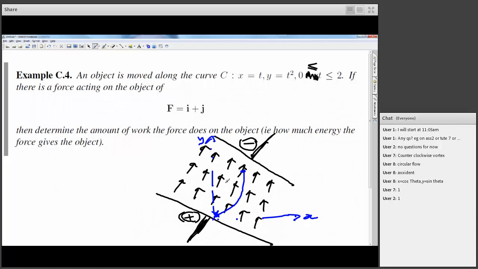How much energy would this particle gain as it goes along? That increase in energy is called the work the force does on the particle. So the work done on the particle is really just how much energy it gains.